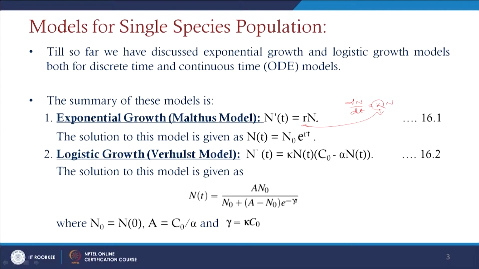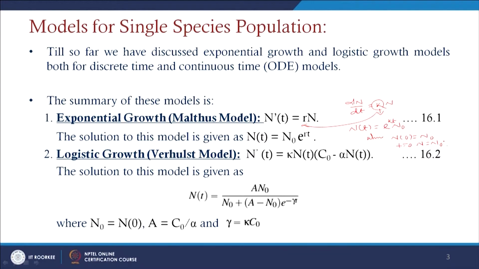The solution of this model gives you the exponential model. We have written N(t) as e to the power kt into N0, where N0 is the initial population size, that is, at t equals 0 we have N equals N0, and that is especially called the Malthus model.